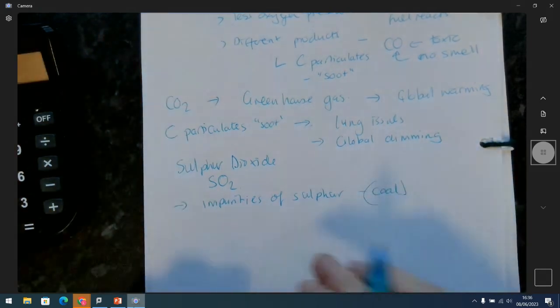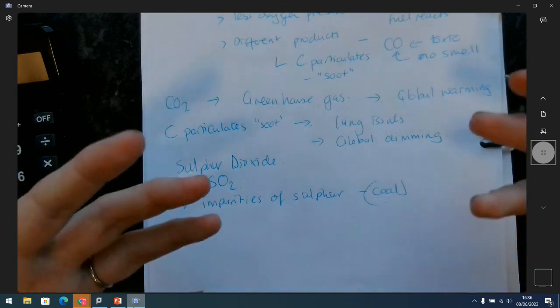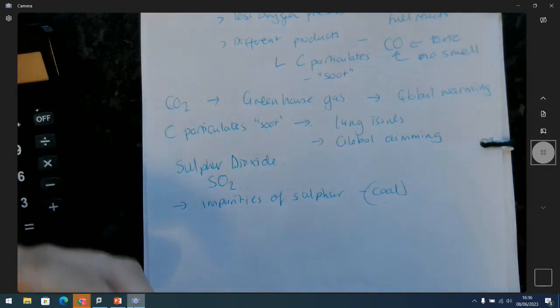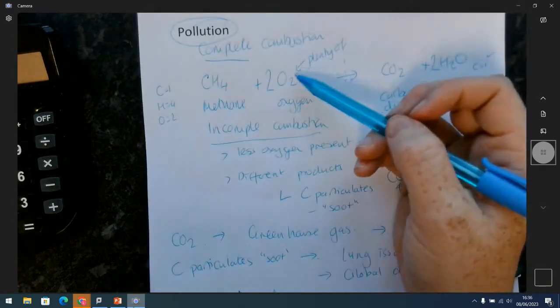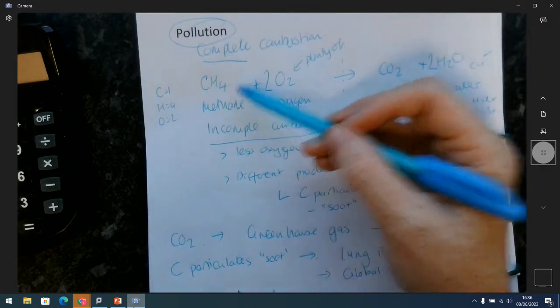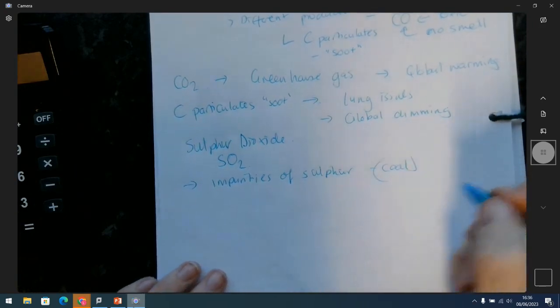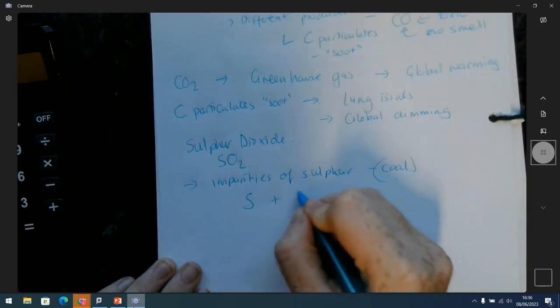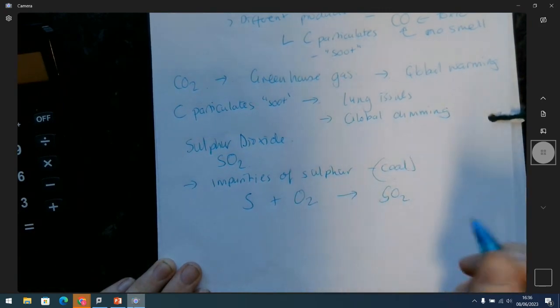And when you've got the impurities of sulfur within the coal, and we then burn the coal, the fossil fuels, to generate electricity, that then causes combustion to take place, which we know is where oxygen then reacts with the fuel. And as a result, you produce sulfur dioxide. So you've got sulfur plus oxygen going to make sulfur dioxide.